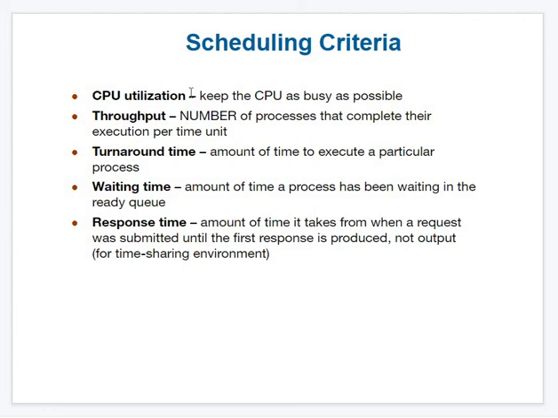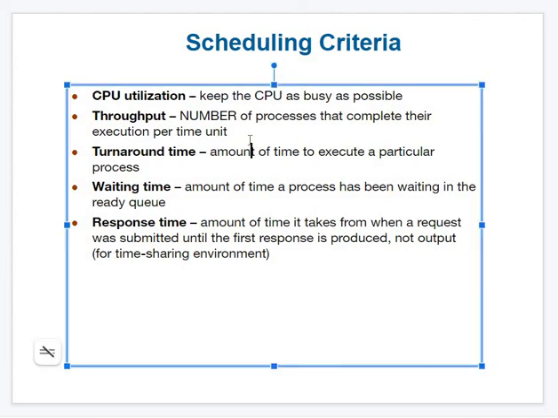Next, throughput: how many processes get completed per unit time. Generally, in 1 second, how many processes are completed. For us, if 1 or 2 processes finish, we will be very happy, but the computer works in terms of MIPS.